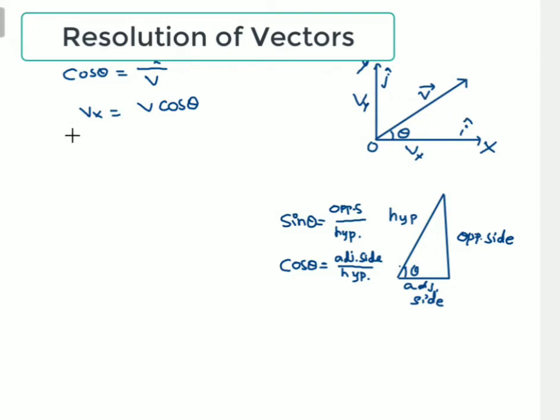So sin theta is equal to opposite side by hypotenuse, so Vy by V. Now from here the expression for Vy is V sin theta. So we resolved this vector into two components in scalar form: Vx can be written as V cos theta and Vy can be written as V sin theta.